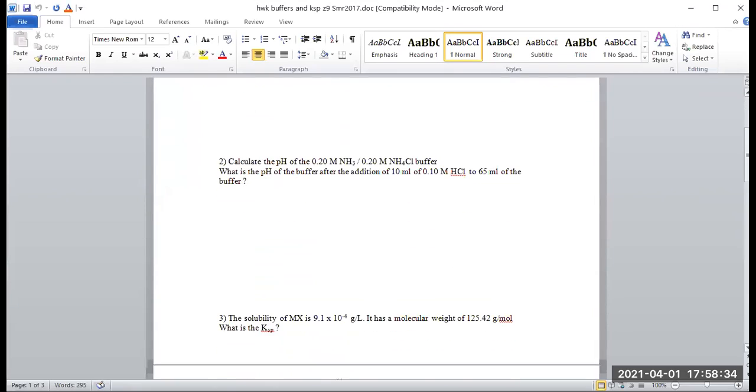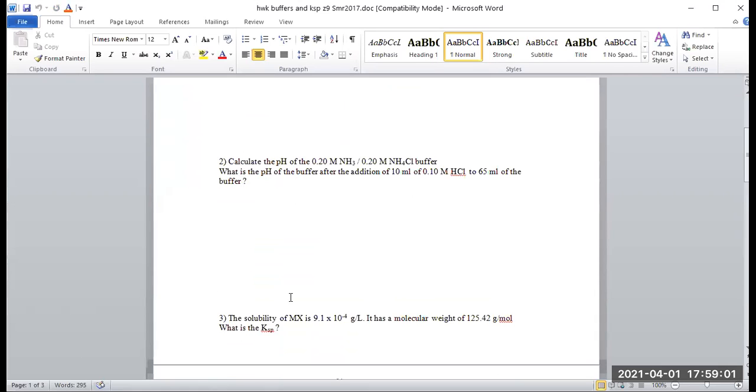We've got another one here that is Henderson-Hasselbalch as far as the first part goes, but then you are going to have to do some calculations to figure out what happens after you add the hydrochloric acid. This is designed to mimic one of the examples that is in your chapter notes.